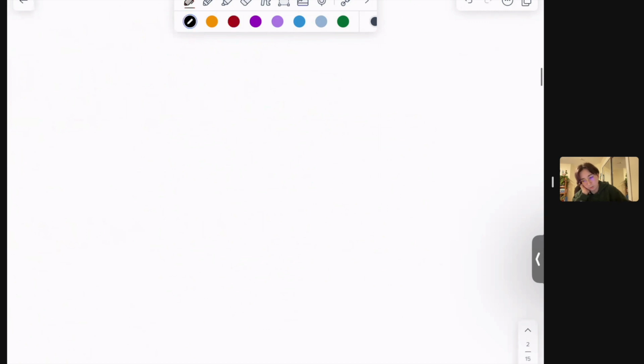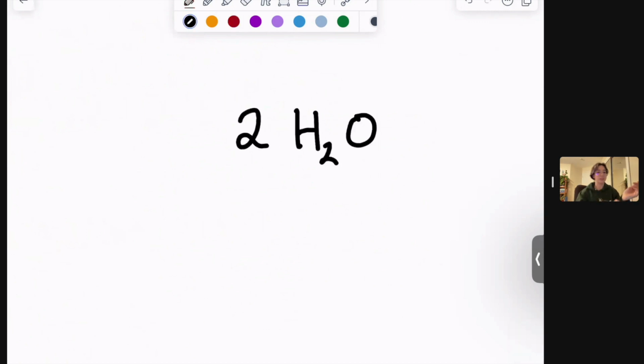As we're drawing our equations, we'll always be representing our chemicals with their formulas in our reactions. But you might see two different types of numbers as a part of a reaction. If there is a big number in front, it is called a coefficient.